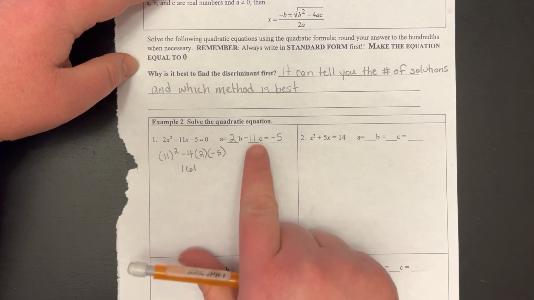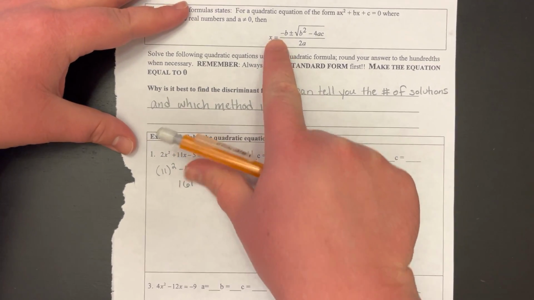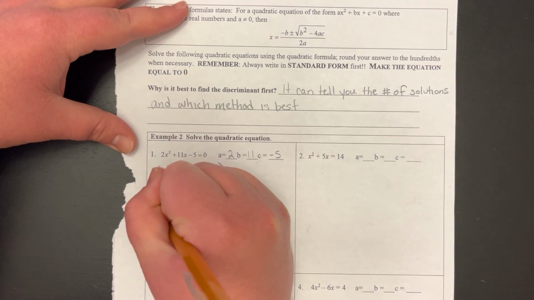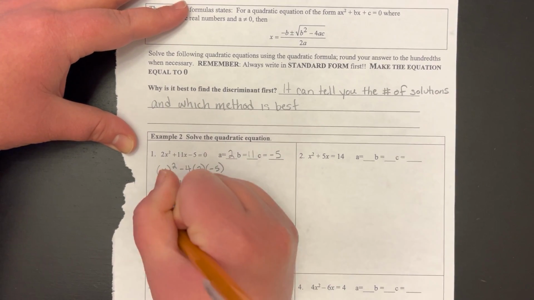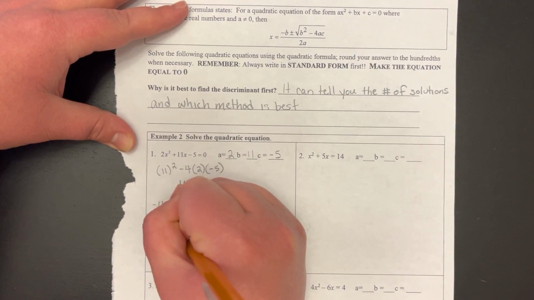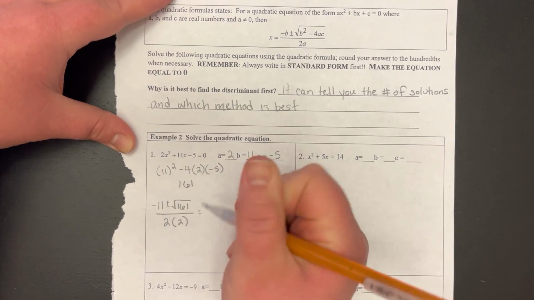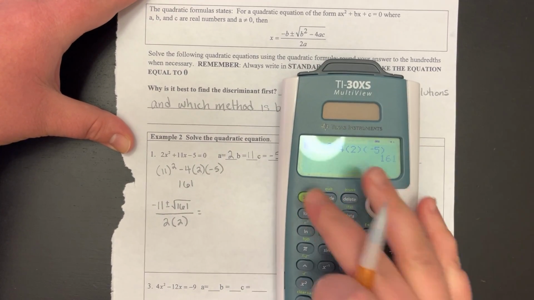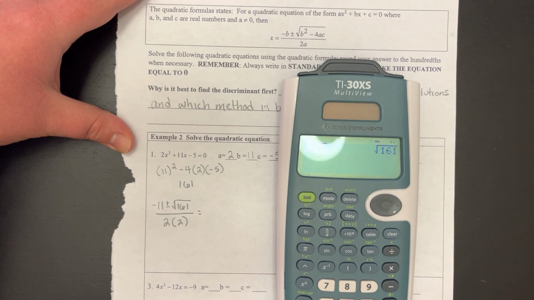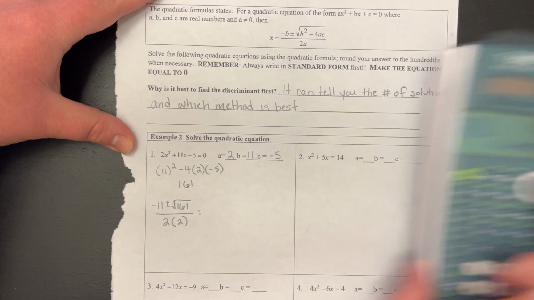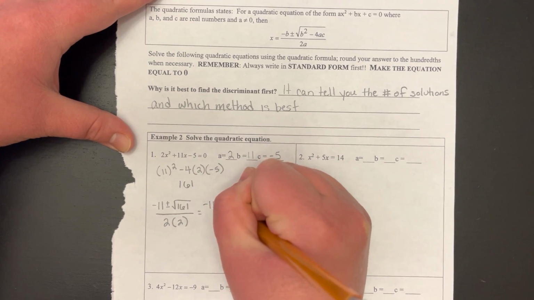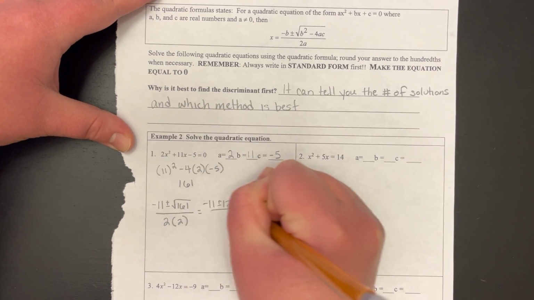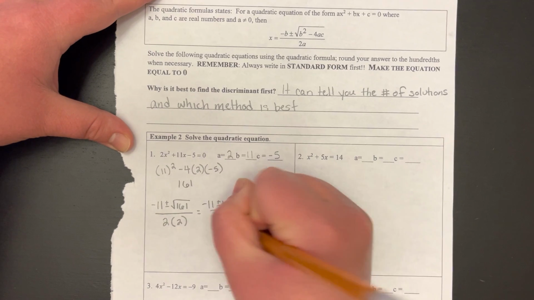So let's dive into that. B is 11. The opposite of that is -11. So we have -11 plus or minus the square root of 161, because that's where the discriminant goes, over 2 times A, which is 2. All right, so let's find the square root of 161 as a decimal. That's 12.69. So I have -11 plus or minus 12.69 over 4, because 2 times 2 is 4.